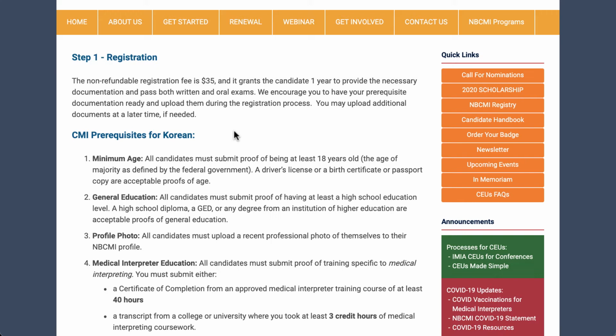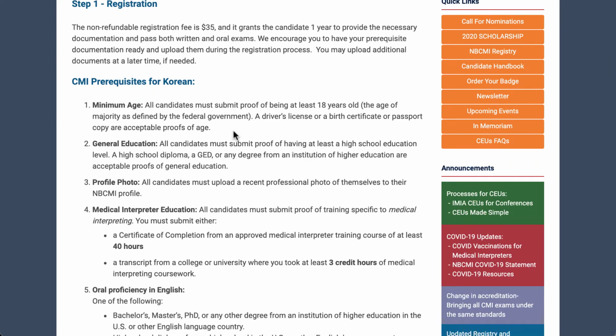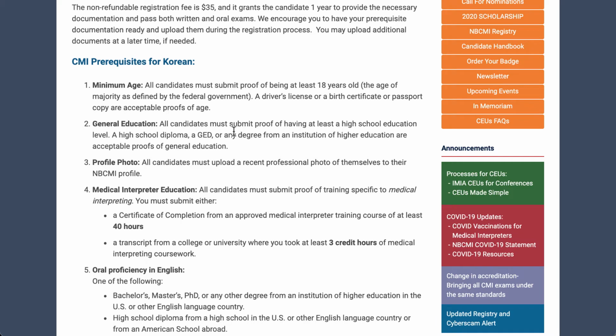I honestly don't see a reason to rush into this when you don't have anything ready. So prepare for everything, get your documents ready, get your written and oral exams prepared, then register, pay $35 and boom, boom, boom: the documentation, written exam, and oral exam. I think that would be a much better way to go about this.